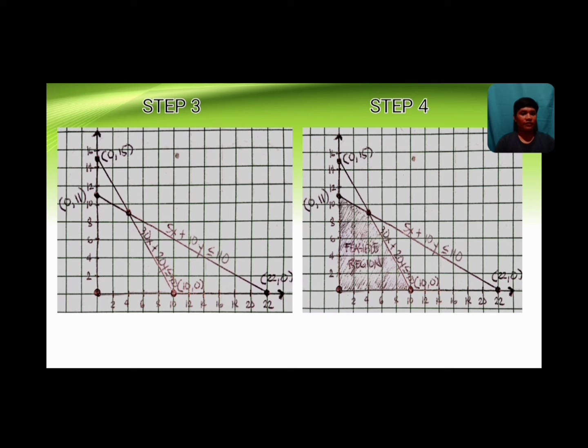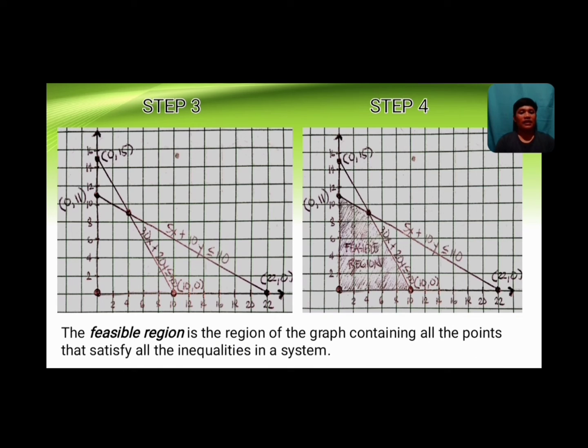So here is the feasible region, wherein the feasible region is the region of the graph containing all the points that satisfy all the inequalities in a system. So therefore we put a shaded region, which is the feasible region, in which it contains all the points that satisfy all the inequalities given in the constraints.